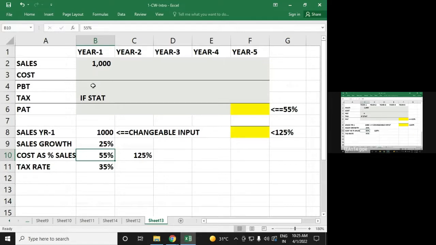Then your tax amount, correct. Else 0. Yes. That 0 you don't put in double quotes. If you put it in double quotes it becomes a string. Okay, for numbers double quotes are not needed, only for characters. Correct, good.